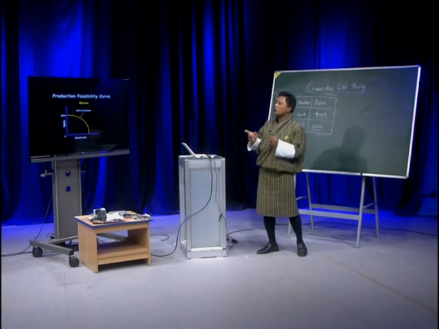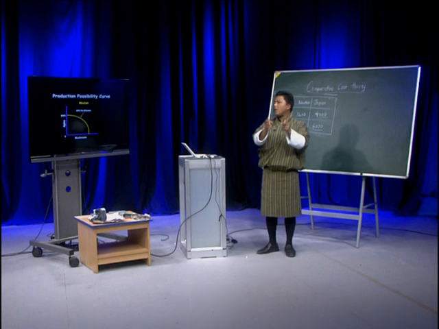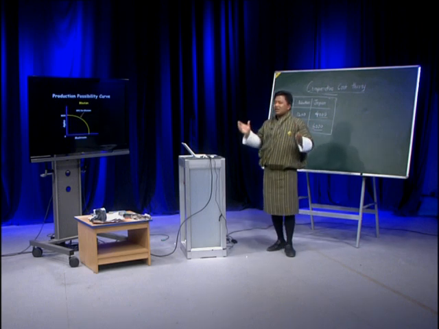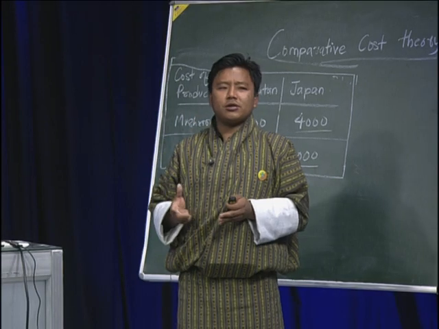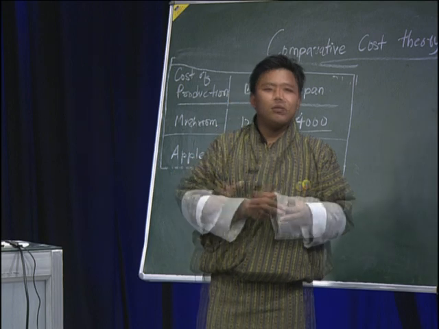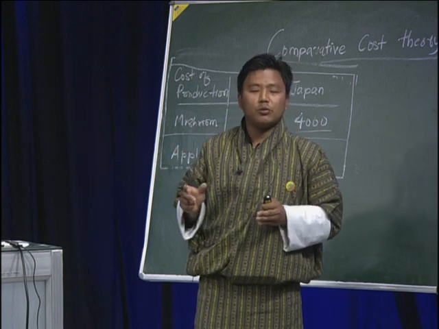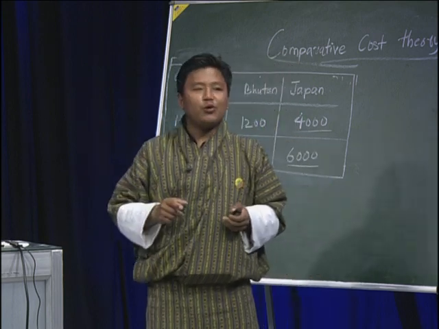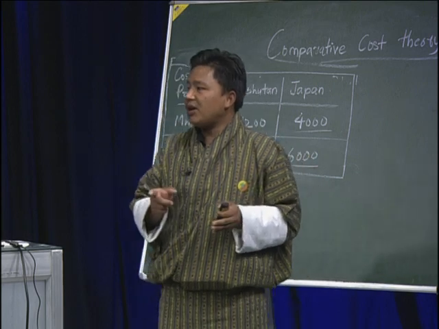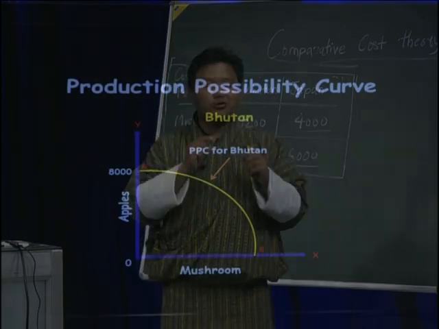So in order to produce the maximum amount of apple, the country should divert all the resources and sacrifice completely in producing mushroom. So at point A, Bhutan can produce 8,000 kg of apple and 0 kg of mushroom.